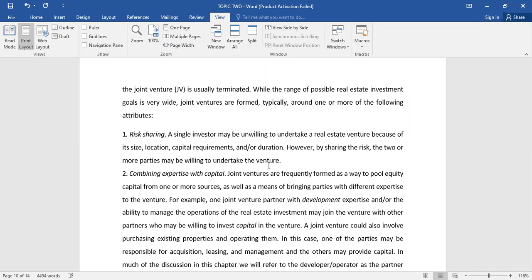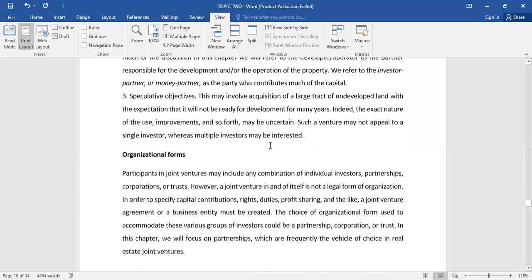For example, you are an architect, and the other person is a real estate specialist. You could come together because of the expertise you are in. One will be providing the expertise in the building and the management, and you will be bringing in your rich knowledge in the real estate field. So some people will combine to commingle their expertise, and then of course the capital that they are going to draw to drive that investment.